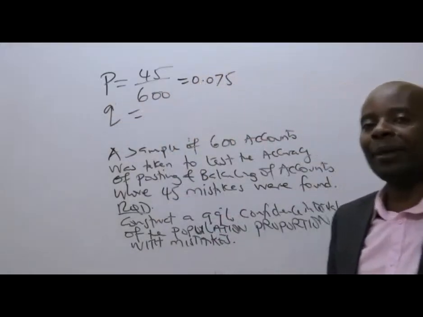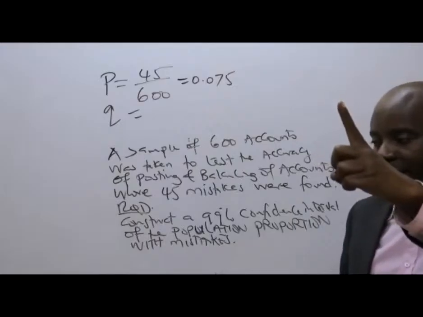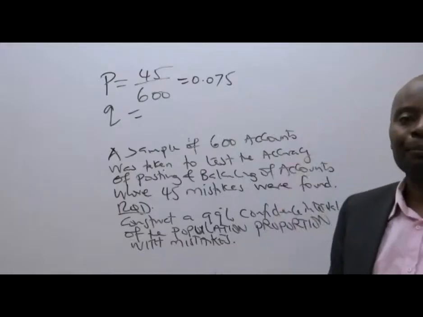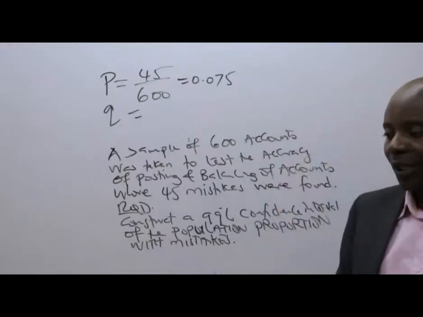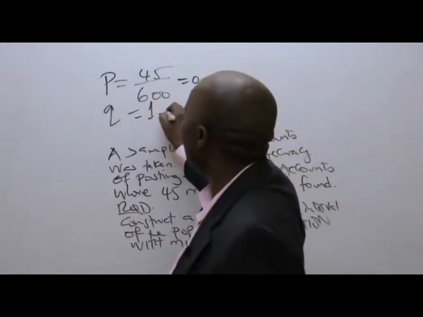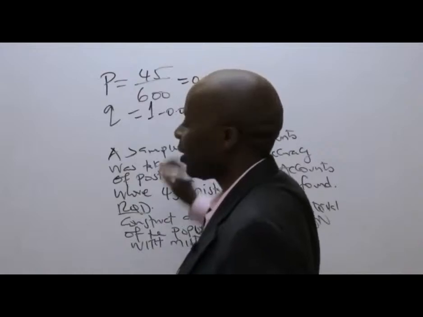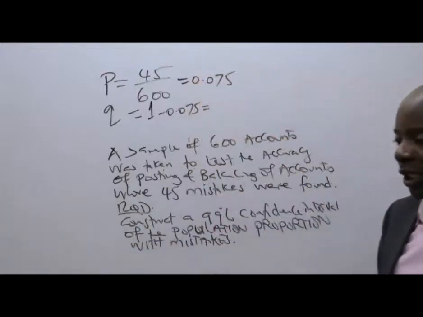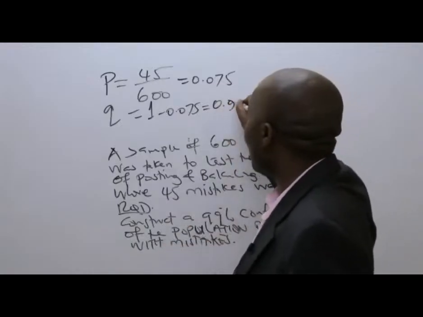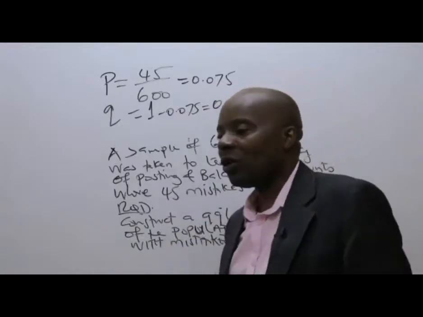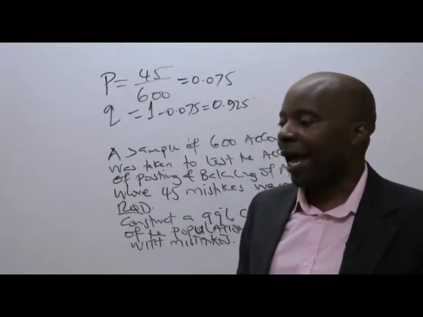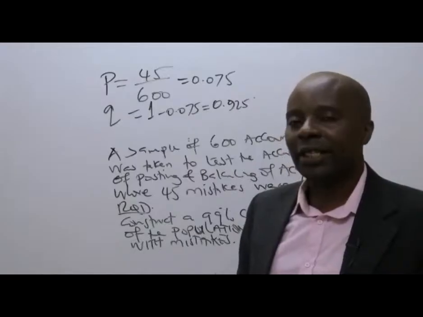Remember that P plus Q must always add up to 1, meaning that Q will be 1 minus 0.075, which gives us, according to Denzel, 0.925. Now, having gotten P and Q, I expect you to go ahead and calculate the standard error.